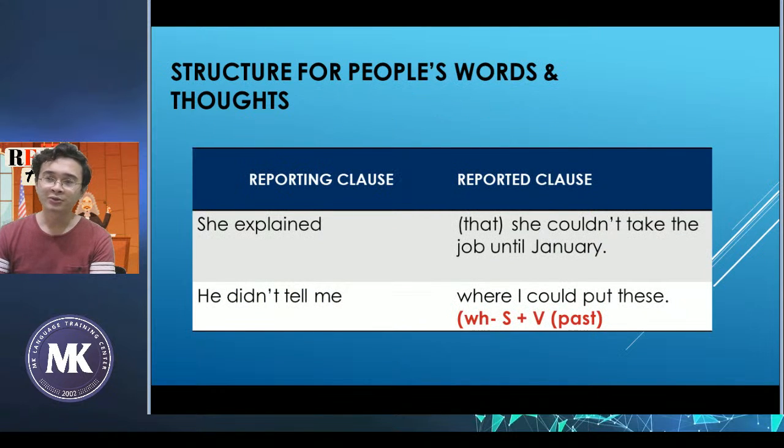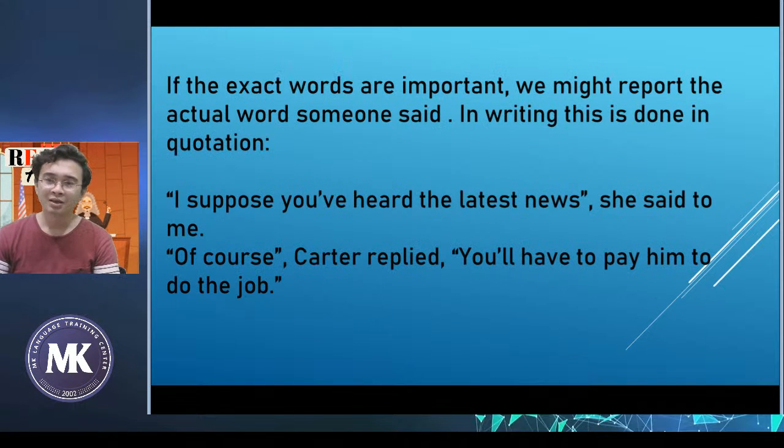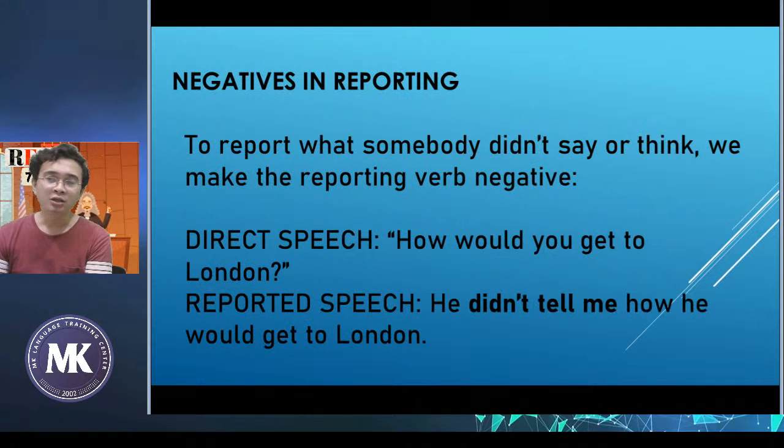For our structure, the reporting clause is the first part, and the reported clause is the second part of the reported speech. So there are two clauses. You can use the exact words the person said to you if you think that it is really important.